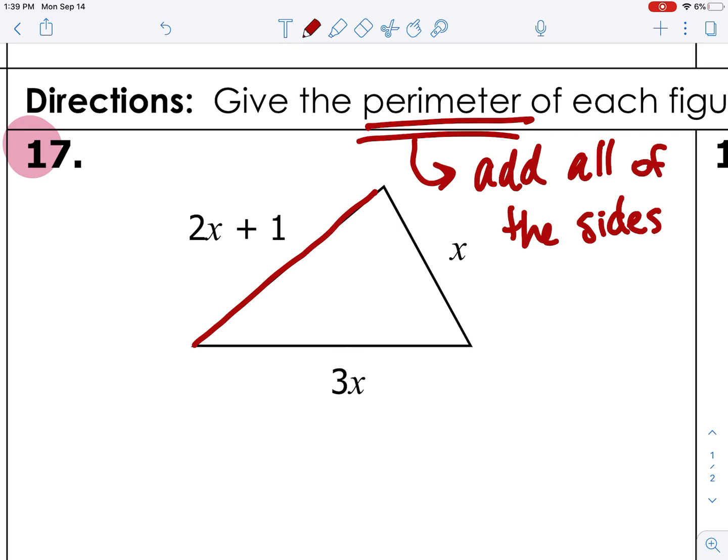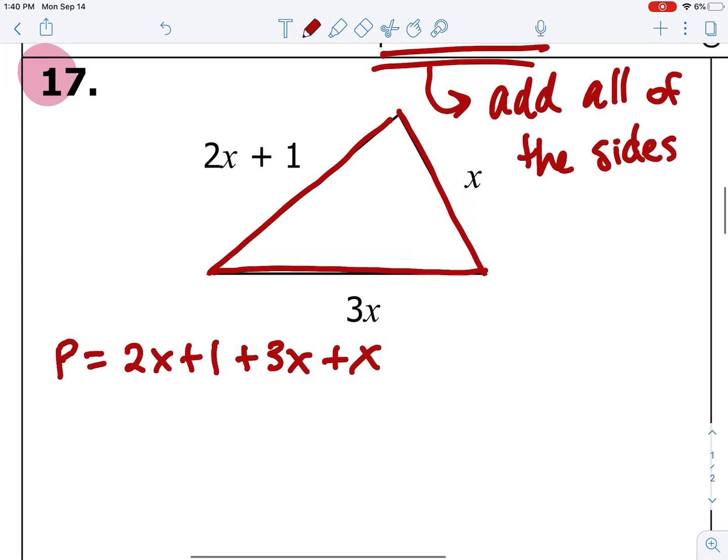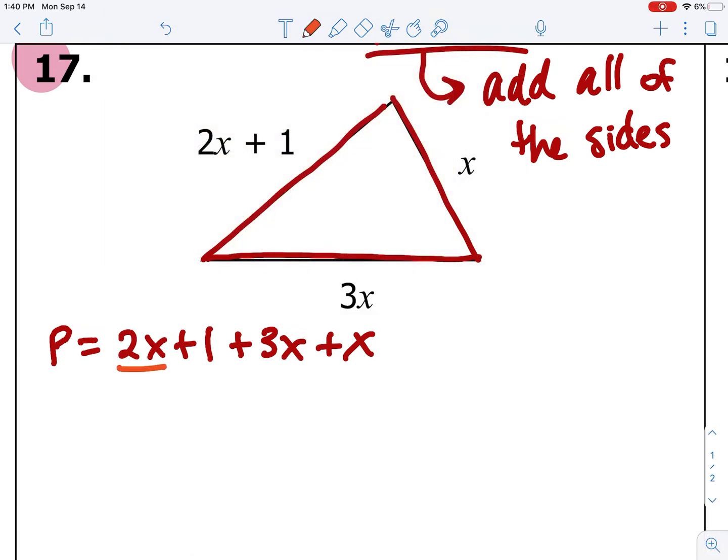All right, so I have a side here of 2x plus 1. I have a side here of 3x, and I have a final side here of x. So I'm adding all of these sides together. So my first term, 2x, I see I have another 3x and another x. So I'm going to put those all together in the front.